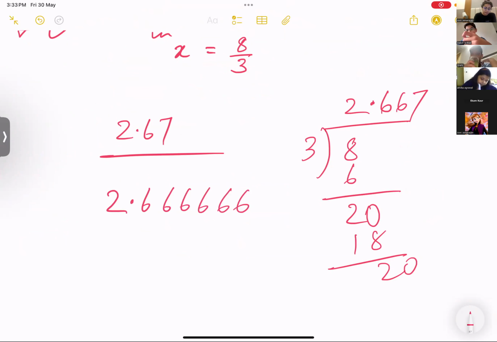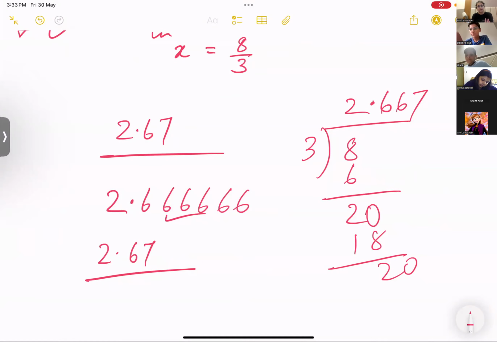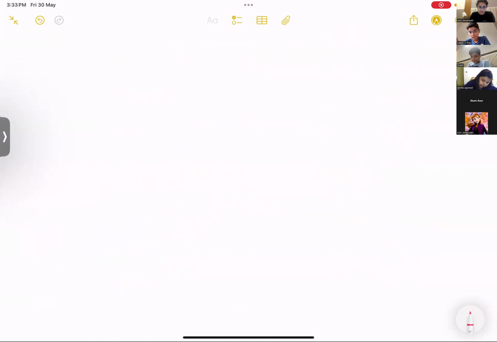What they do is round it off and write it as 2.67. I have rounded it off to 2 decimal places. Are we aware of these terms? No, ma'am? Very good. We are in grade 7 and we are not aware.